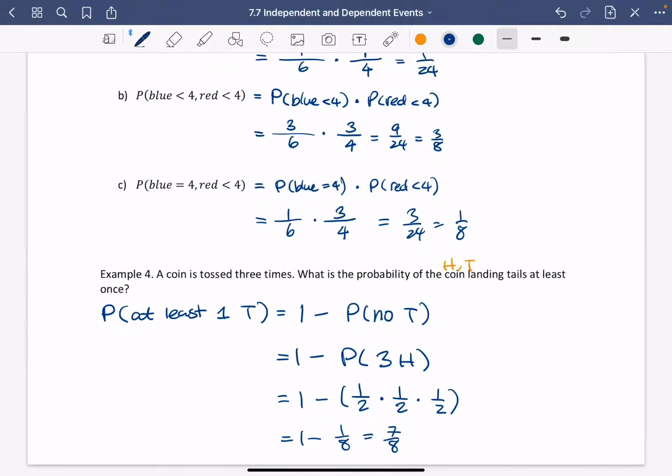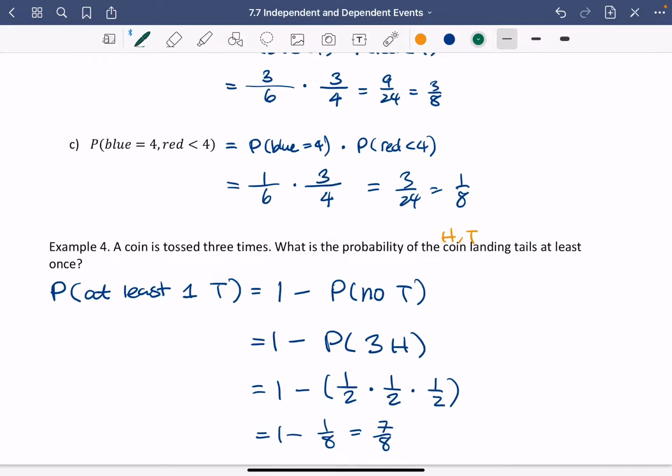Of course, you guys can also draw a tree diagram to see what it looks like. So for example, first time, head and tail. Second time, you can also have a head and a tail. Third time, again, you can have a head and a tail.